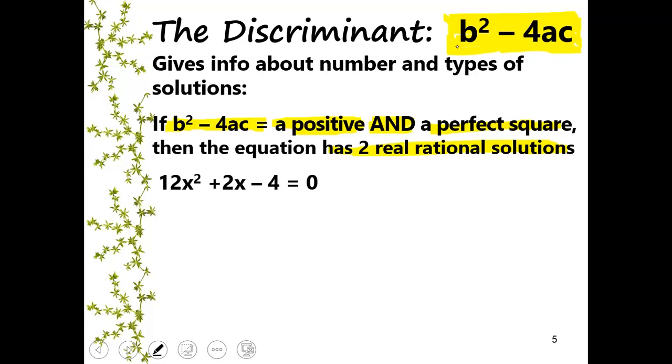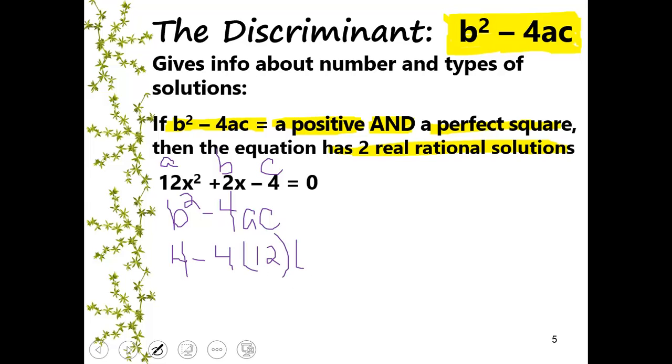It's so easy. Okay, so what we're going to do is identify a, b, and c, and plug it into b squared minus 4ac. So b is 2, so I get 2 squared is 4, minus 4 times 12 times negative 4, and that gives me 4 plus 192, which equals 196, which is a perfect square.